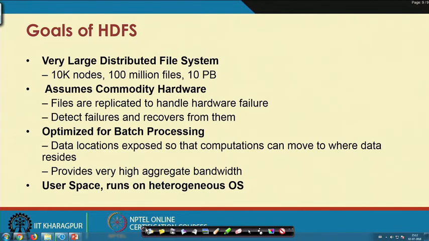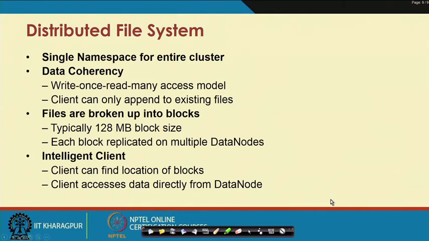Another design which is also common to Hadoop is that it runs in user space and on heterogeneous operating systems. So, you are not really bound to the system on which the whole HDFS system is running.